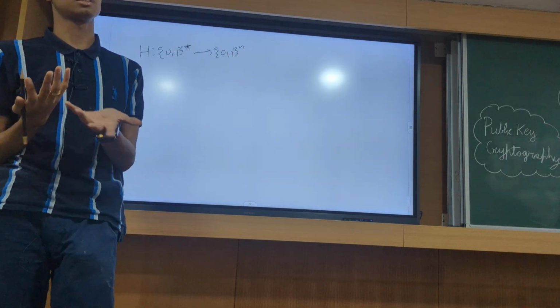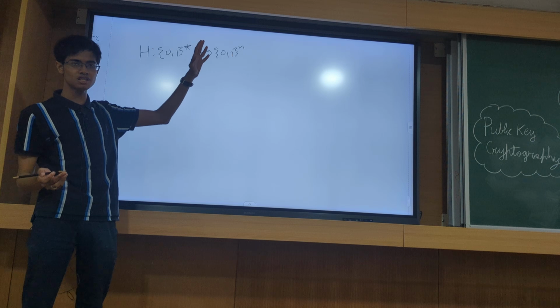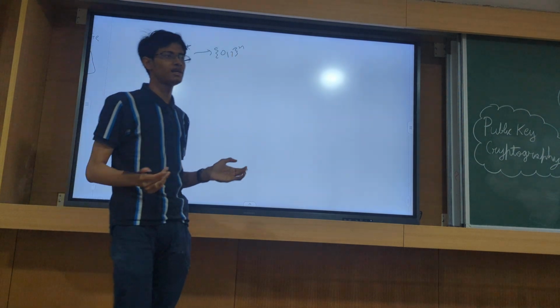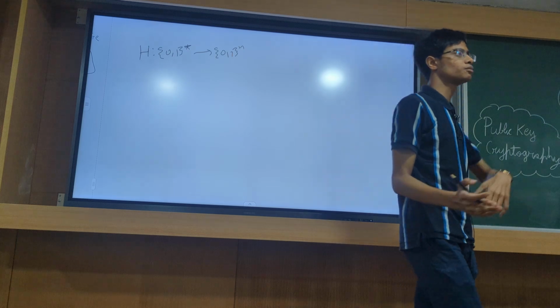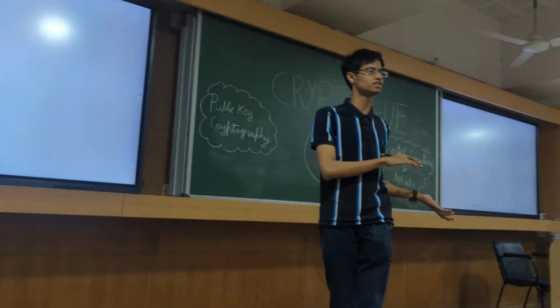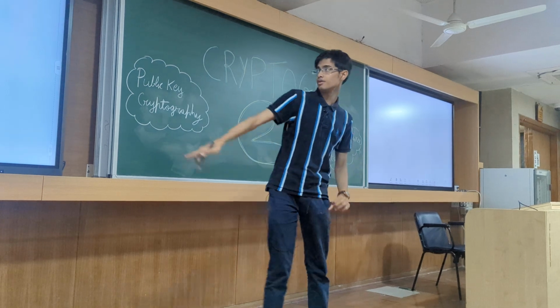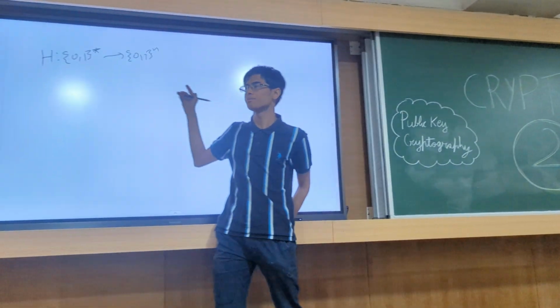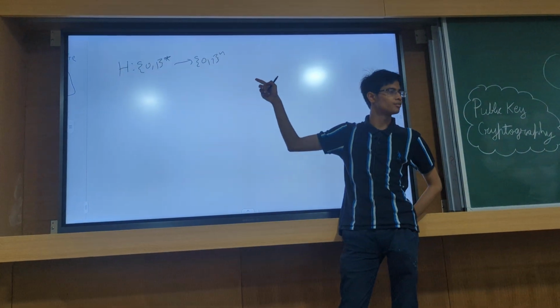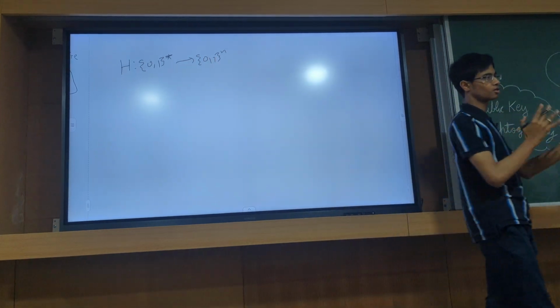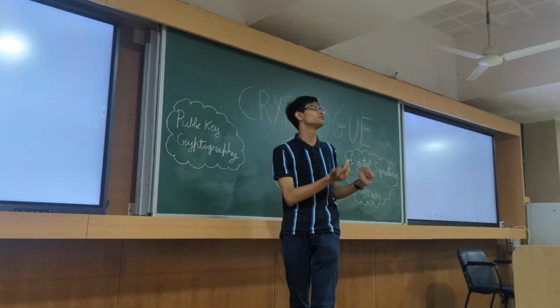SHA-256 is an example of a hash function which takes any input and compresses it to a 256-bit output, such that given the output, it should be hard for you to find an inverse image. The forward direction is easy to compute: given an input, you can efficiently compute the output. But given an output, it should be difficult to compute the inverse image.